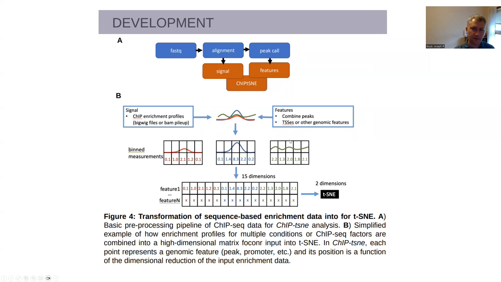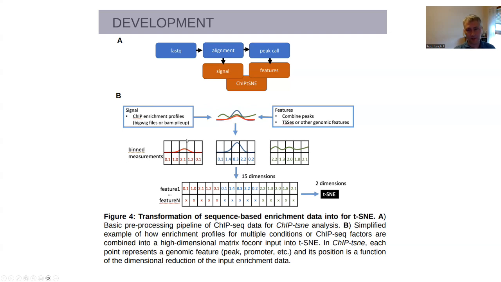So you take your signal and your features, and we need to assemble a matrix for input into tSNE. The way this is done is each feature will be given a row on the matrix, and we're going to stitch together bin values along the different samples going into our analysis.